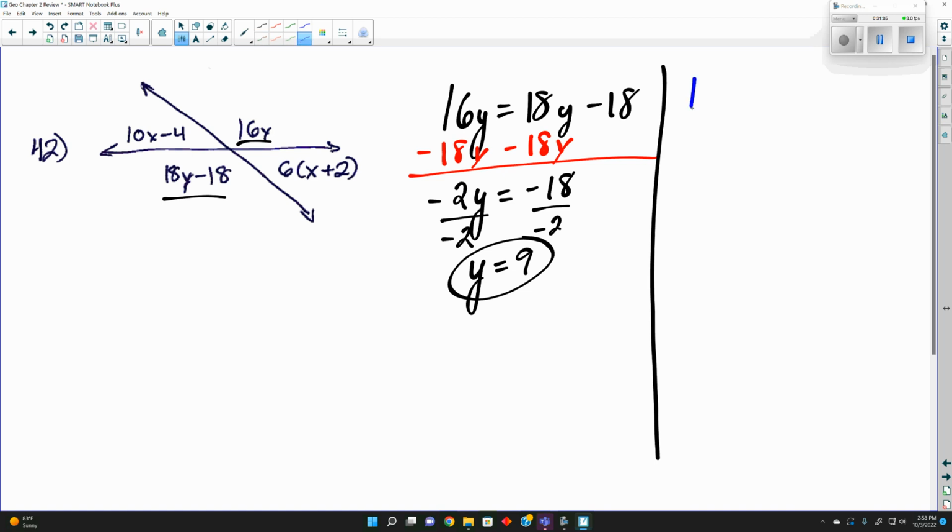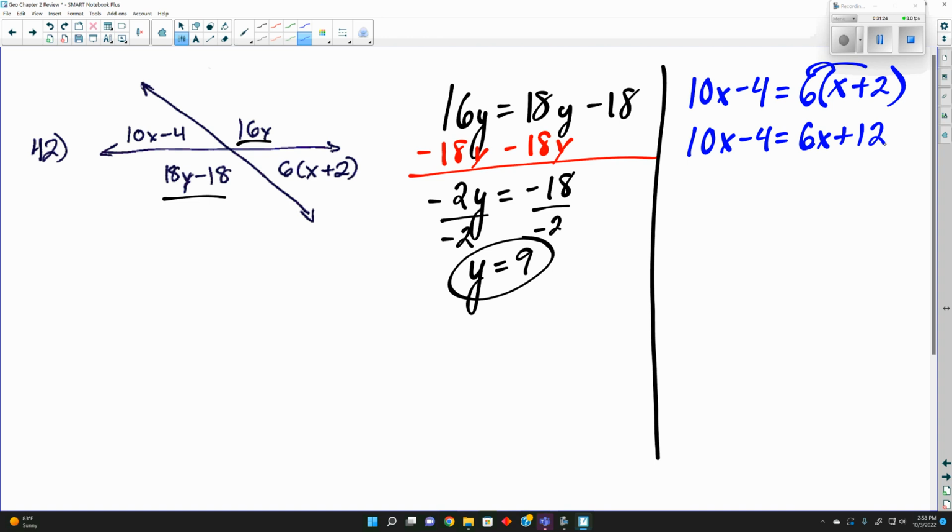We can do the same thing for x. 10x minus 4 is equal to 6 times x plus 2. The first thing we can do is distribute the 6. 6 times x is 6x. 6 times 2 is 12.